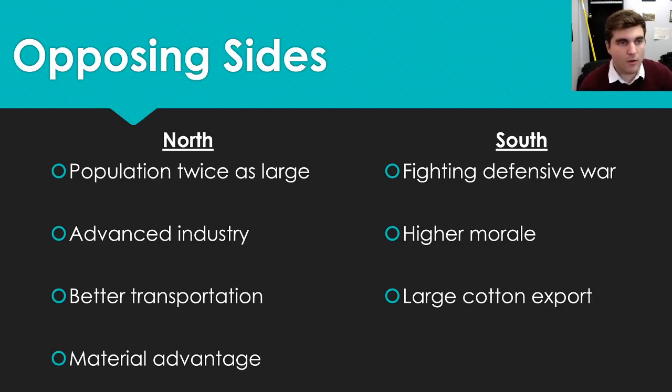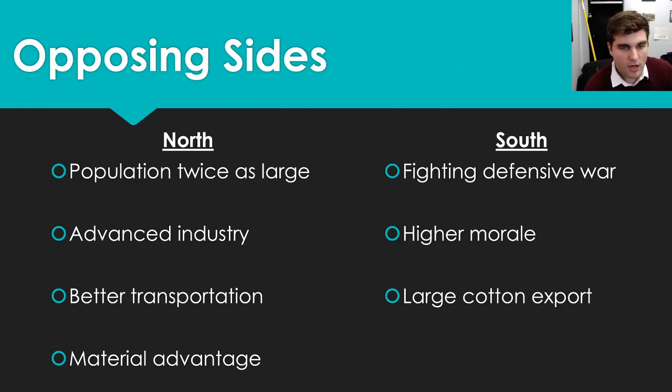Now, the South was fighting a defensive war, which is beneficial, because the farther the North pushes into the South, the more they have to secure territory. They're not defending territory; they're securing territory, and the Southern morale was much higher than the Northern morale.